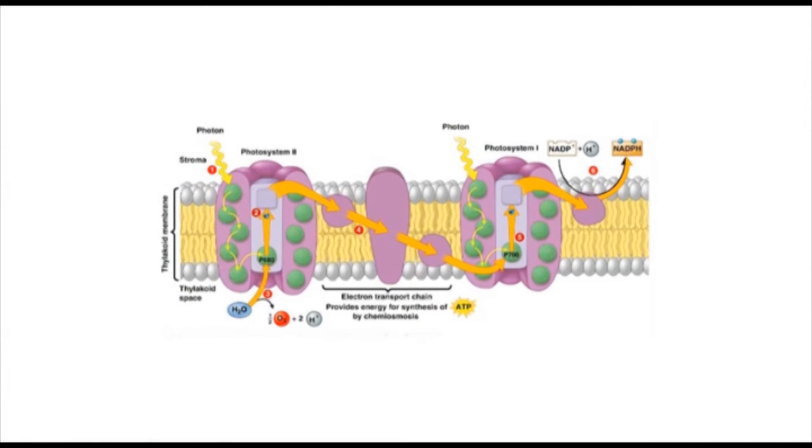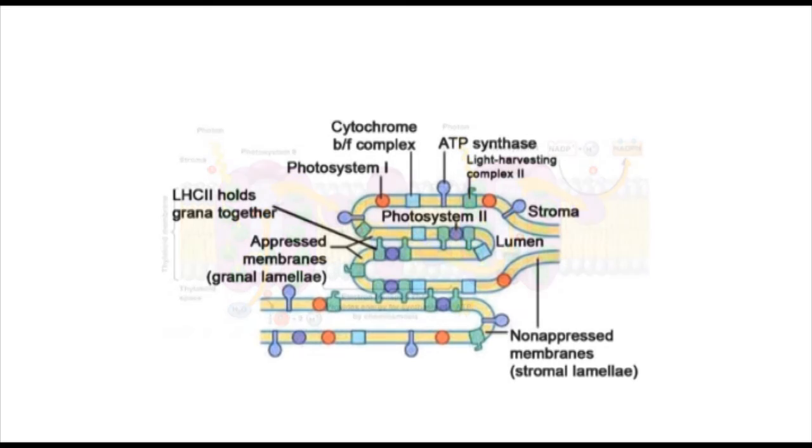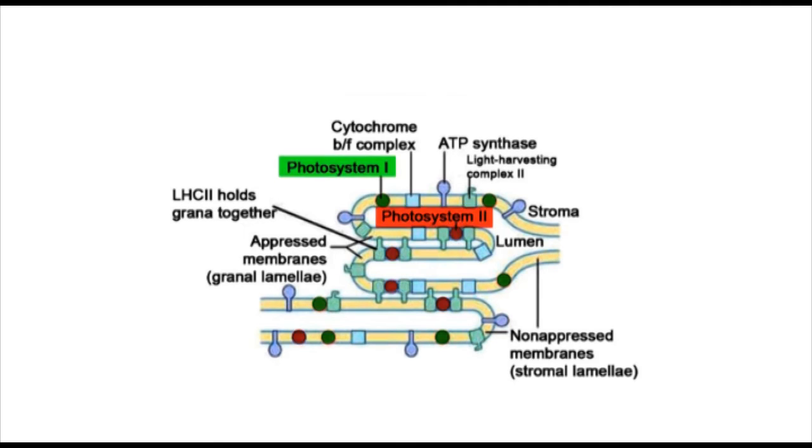As in photosynthetic bacteria, each reaction center has an associated antenna that consists of a group of light harvesting complexes. The light harvesting complexes associated with PS2 and PS1 contain different proteins. The two photosystems are also distributed differently in the thylakoid membranes.